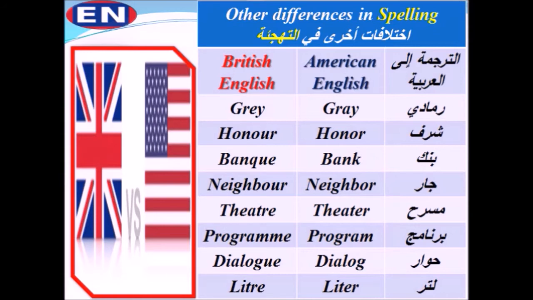In British English, bank, bank. Another word, neighbour. In America, neighbor. Theatre in British English. Theater in America. Another word, we have programme. In American English, program. British English, they say dialogue. In America, dialog. The last word, letter. In American English, also letter.